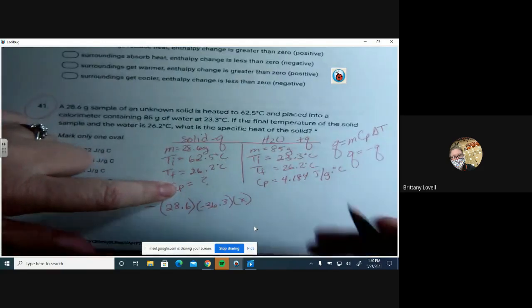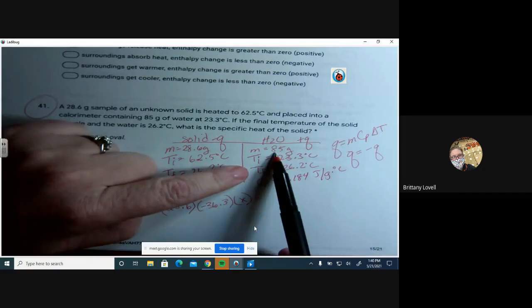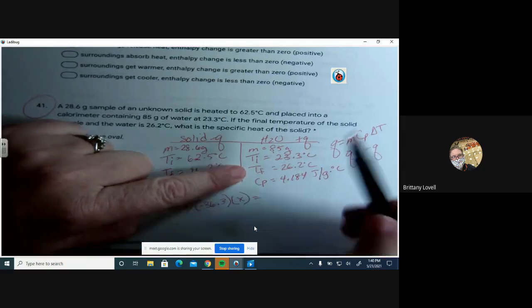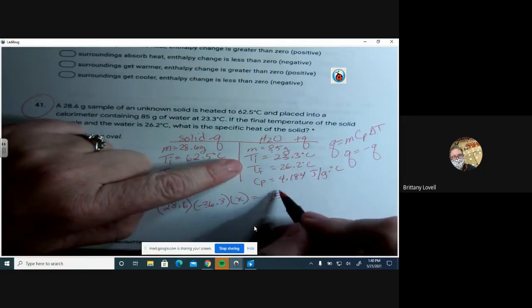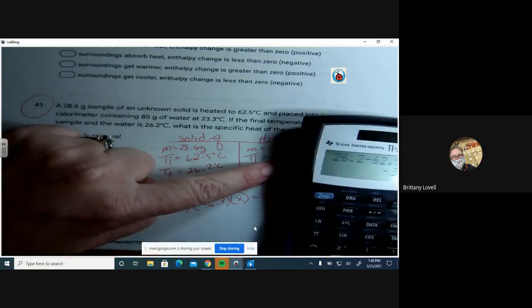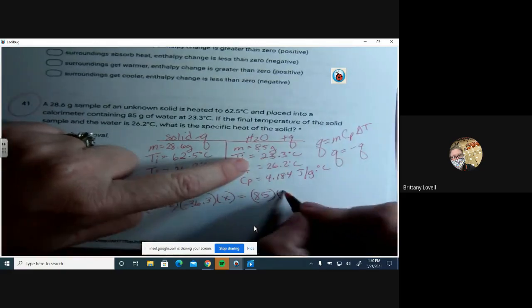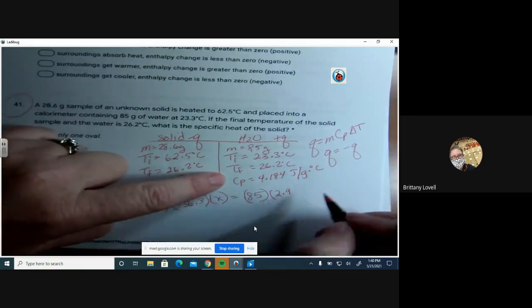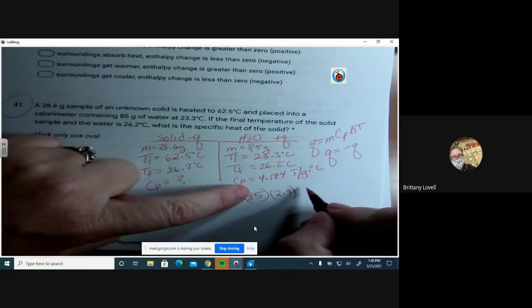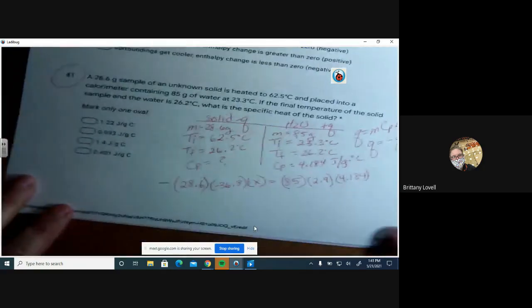And I'm going to set that equal to my positive Q. This is my water side, so I've got that much water, and then I'm going to do 26.2 minus 23.3, and that ends up being 2.9. That's the amount of heat that was gained by the system. And then the specific heat is 4.184. Okay, so there we go.